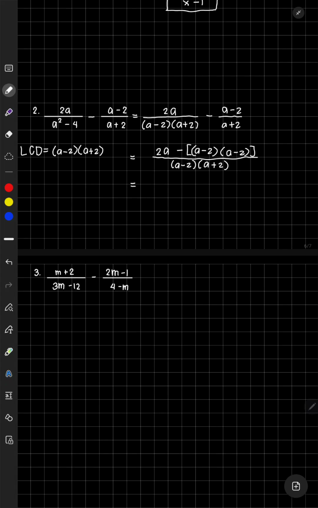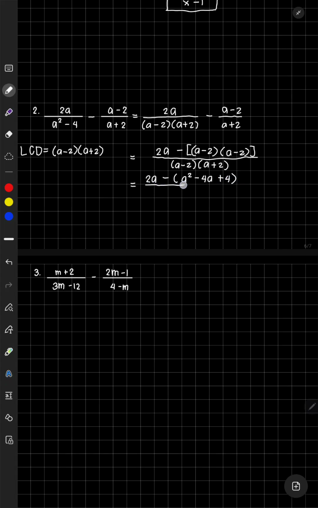So this would be equal to, so again you have to simplify first the numerator. So we have 2a, so minus, so expand a minus 2 times a minus 2, that would be a squared minus 4a plus 4.